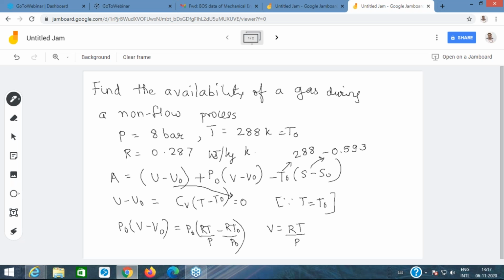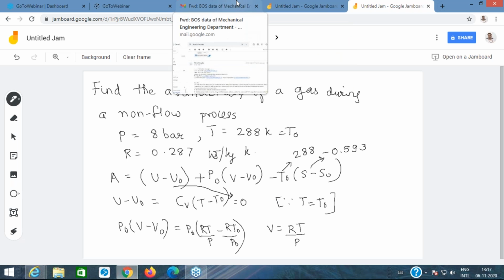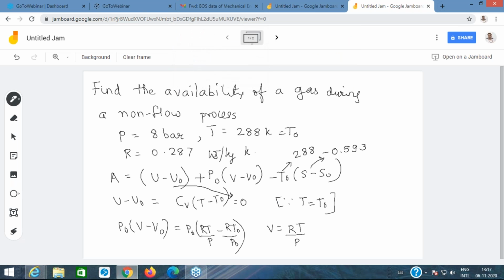Let me just rewrite this expression. Put these values and tell me the final answer of available energy.